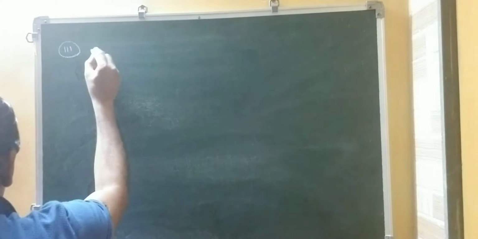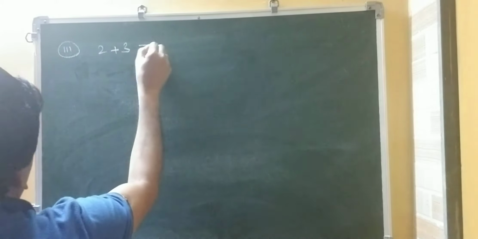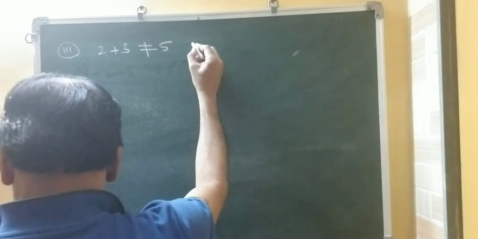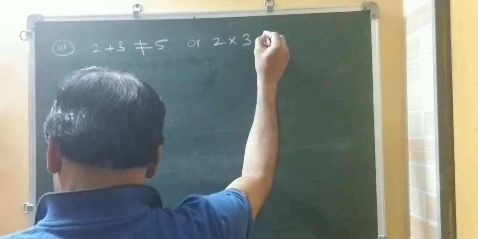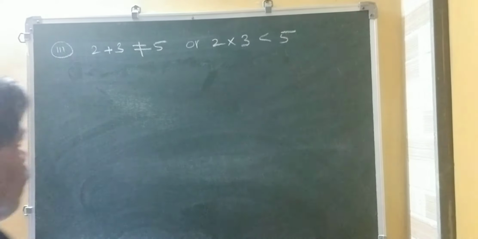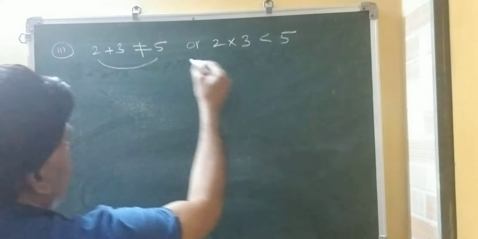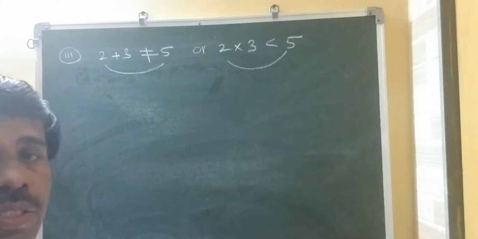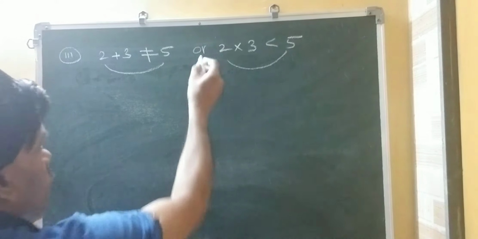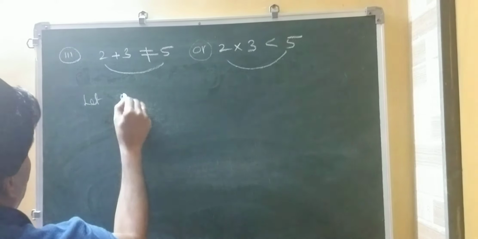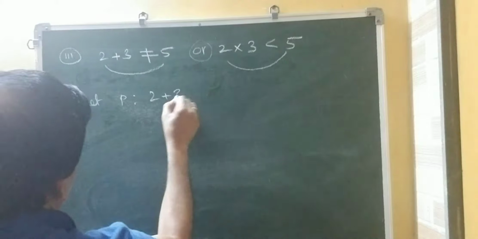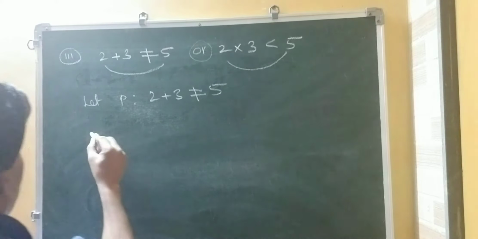Now, see here, third sum. 2 plus 3 is not equal to 5 or 2 into 3 is less than 5. Now, you see this is one logical statement, and it is another statement in logic. But what is the operator here? OR. So, let P be the first statement: 2 plus 3 is not equal to 5.